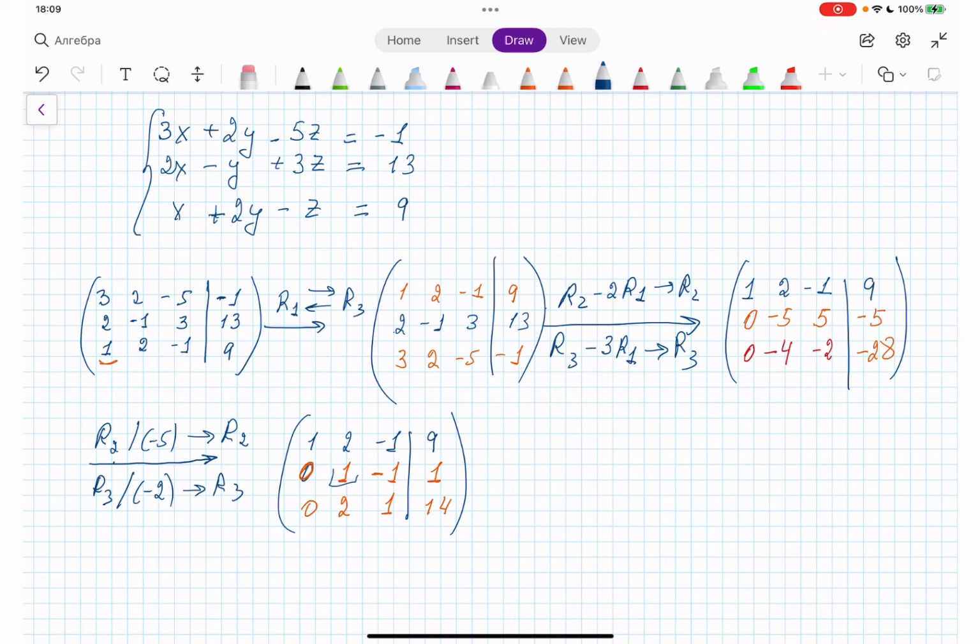Let me write down so you would know, this first one is going to be my x, this one is going to be my y, and this one is going to be my z. That's why in echelon form, the leading coefficients represent the unknown variables x, y, z.